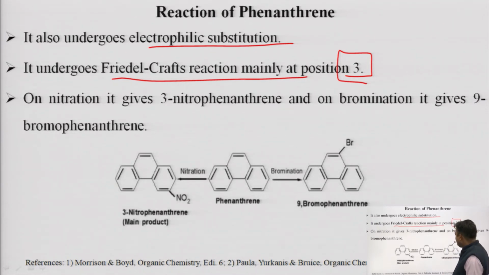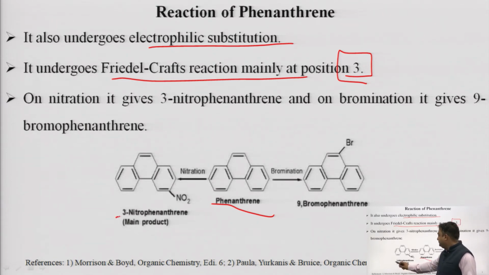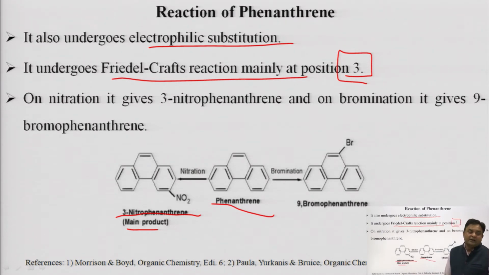Here is the reaction. Nitration takes place in the presence of HNO3 and acetic anhydride, and we get 3-nitrophenanthrene as the main product. Other substituted products are also possible, but based on stability, this 3-substituted nitro product is more stable, so it will be the major product.